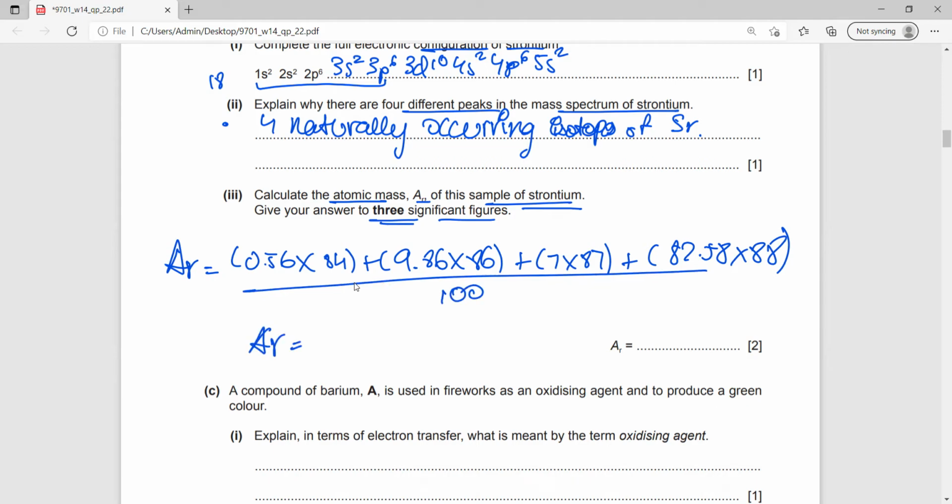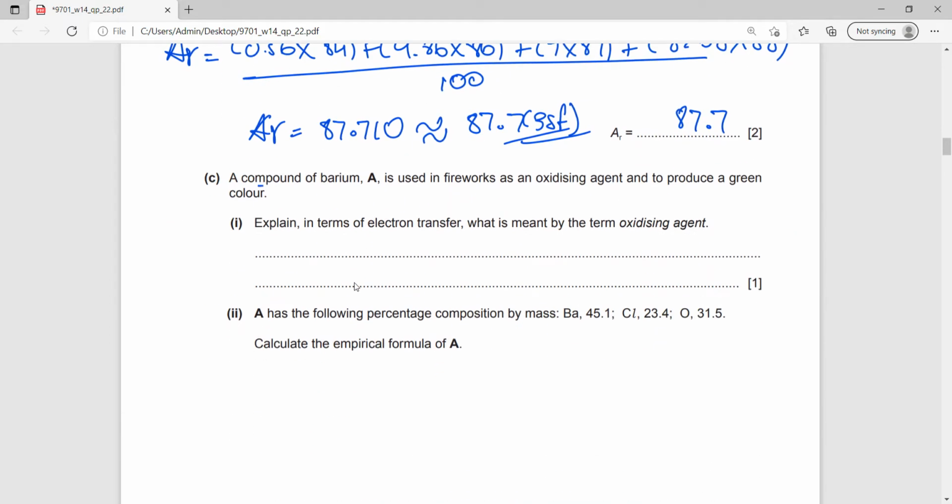Your Ar should be 87.710, which is approximately equal to 87.7 to 3 significant figures. Okay, so 87.7.